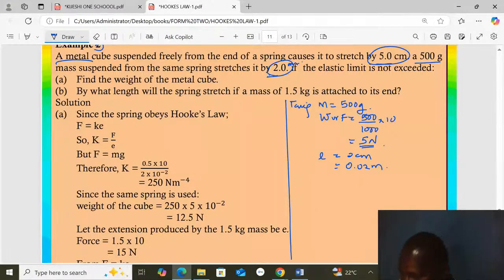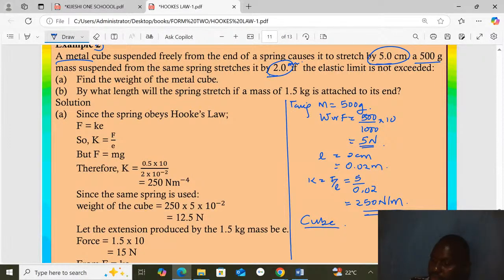Therefore, our spring constant for the spring will be given by force over extension, which will be 5 newtons divided by 0.02. This leads us to 500 divided by 2, which is 250 newtons per meter. But now in this case we are having the cube.